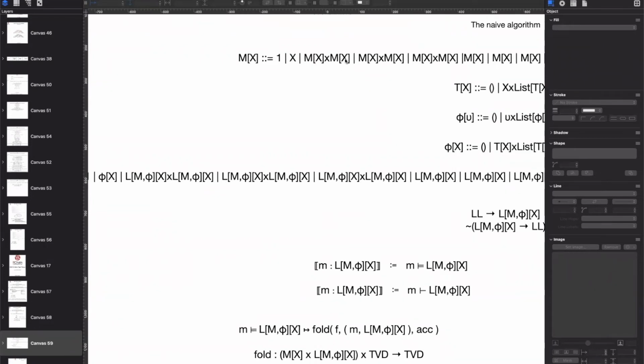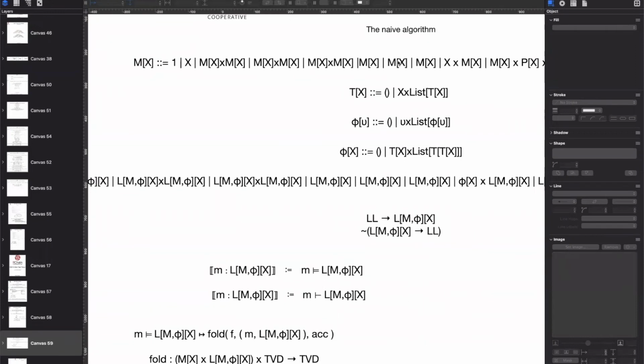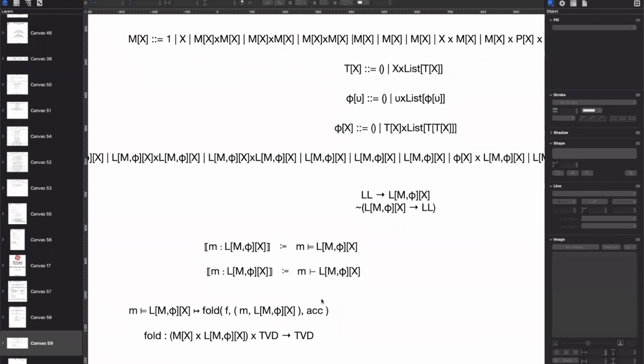But these, where you have non-terminals as opposed to terminals, they will have hypotheses, right? So the hypotheses will be that you can prove that M of X is of a given type, and M of X is of a given type, and then you can prove that the combined thing is of the combined type, right? So these are going to give you introduction and elimination rules, and then you proceed by, given a term, you're going to unpack the term and unpack the type walking backwards, right?